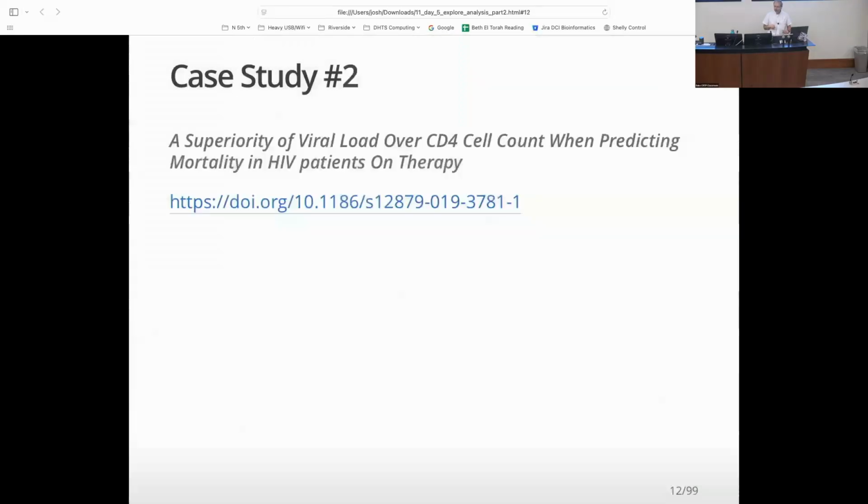And then the second case study, I'll call this case study 2, that we'll be using data from, is called the superiority of viral load over CD4 cell count when predicting mortality in HIV patients on therapy. And there's the link to the article.